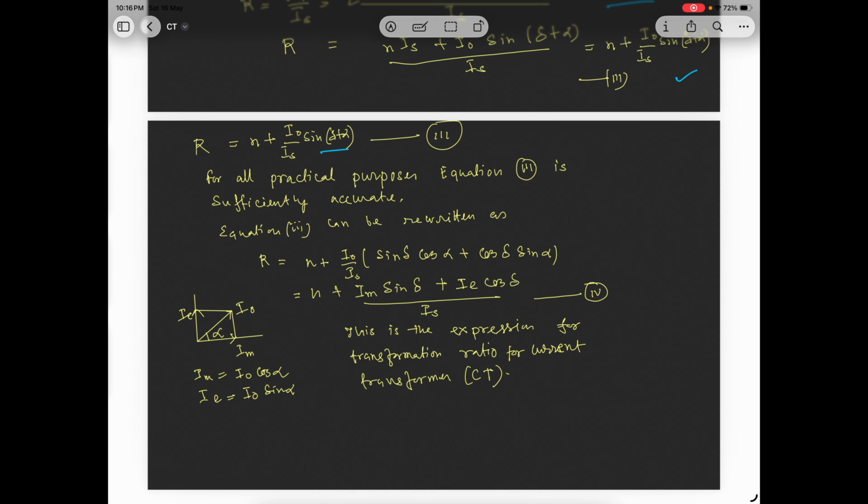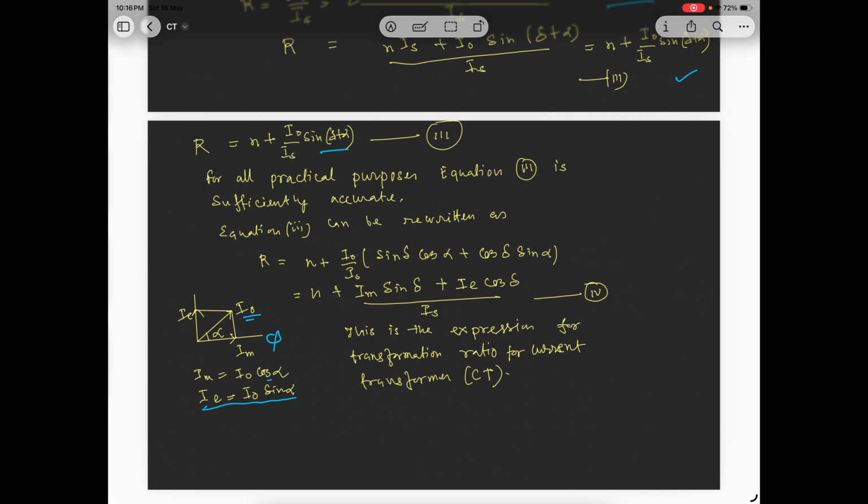Now in this figure, this I0 is making an angle alpha with flux phi. So IM is equal to I0 cos alpha and IE is equal to I0 sine alpha.